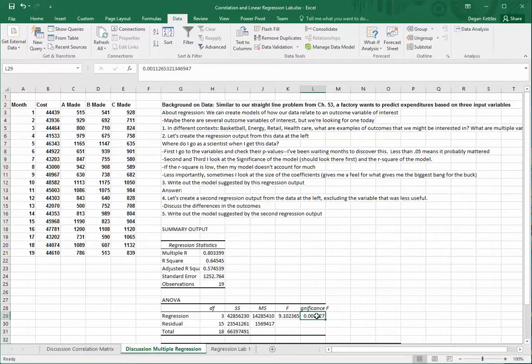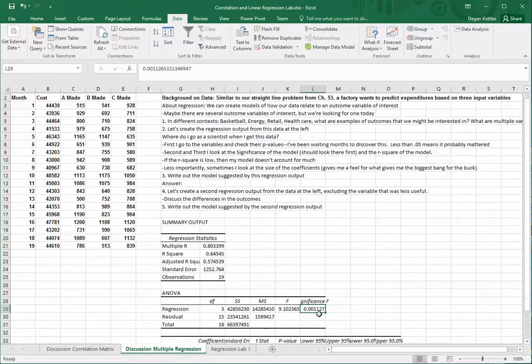This is our degree of certainty. Anything lower than 0.05 is a higher and higher degree of certainty that we've got a good model, that it matters, that our input variables really truly do impact some outcome. So this emphasizes the strength of the relationship, but this is more about our confidence that the model is valid.